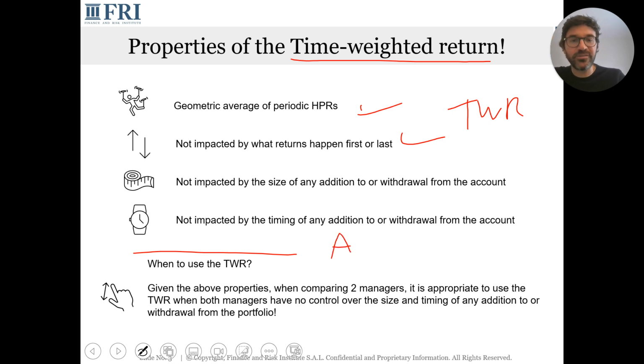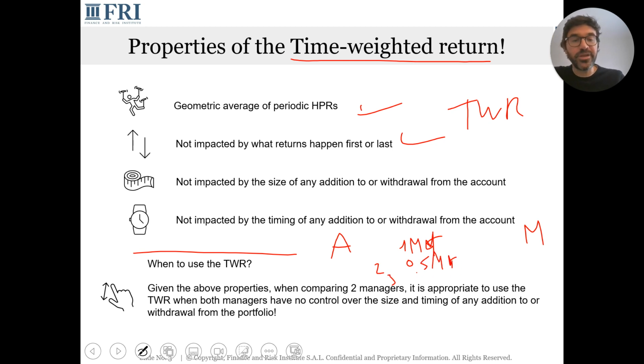Say we have client A who started investing $1 million, and the portfolio manager is M. Now, in year 2, client A is happy with the performance of portfolio manager M, so he deposits 0.5 million into the portfolio.